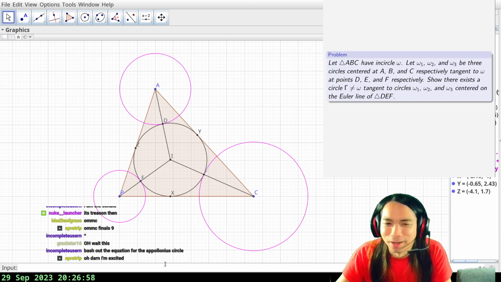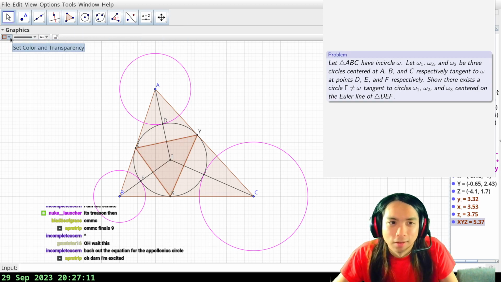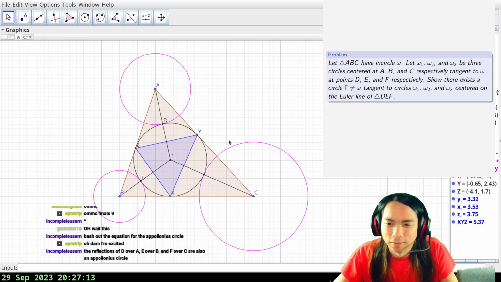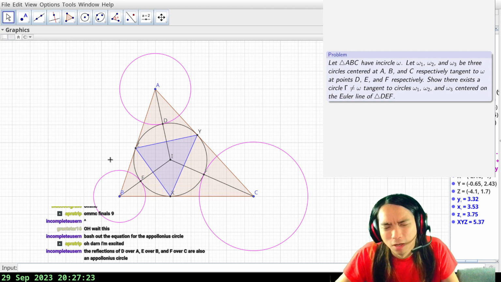So, yeah, I think what's going to happen is we're going to do the really deep strategy called invert the picture, because there's a lot of tangencies, and I would rather trade these pink circles for littler circles inside.